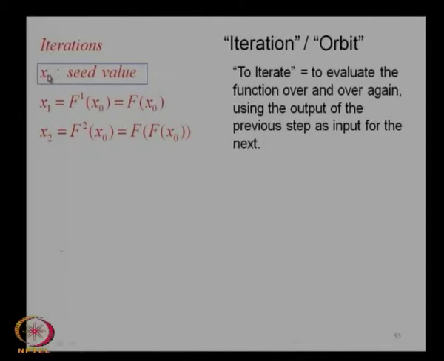So we begin with a seed value, and for this seed value we find through the function what the result will be, which we call x1, right, and then we use this as the seed value and from it we get the next value. So what we have for x2 is the function of x1. This is the second value. The third value will be the function of the function of the function of the seed value. Okay. So this is an iterative step.